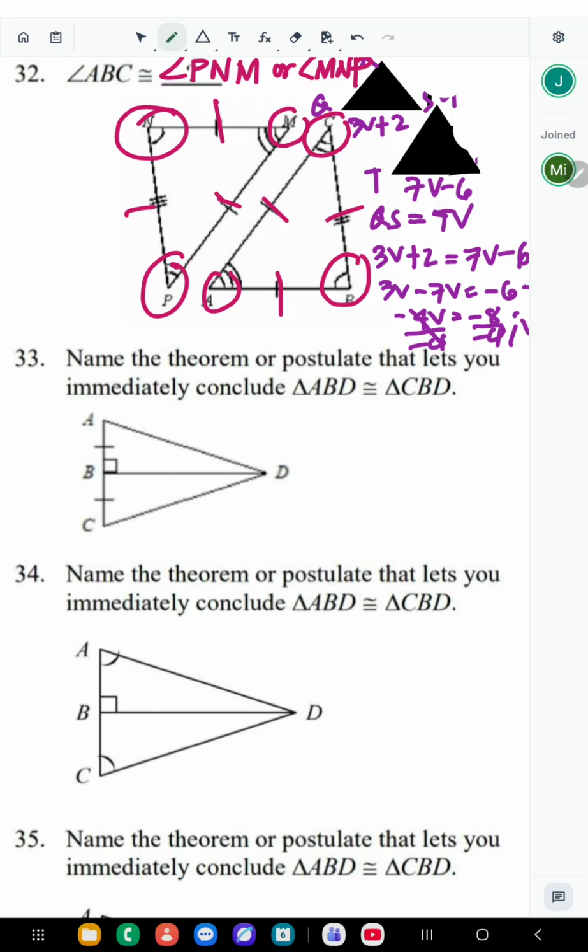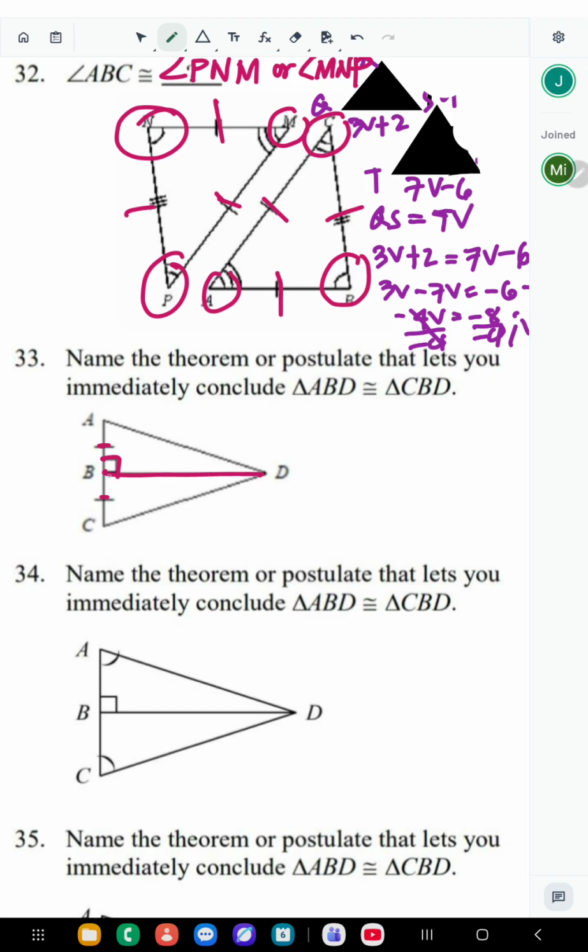Number 33, name the theorem or postulate that lets you immediately conclude that triangle ABD is congruent to CBD. So we're given here two legs congruent, common side, and right angles. Remember the theorems, SSS, SAS.